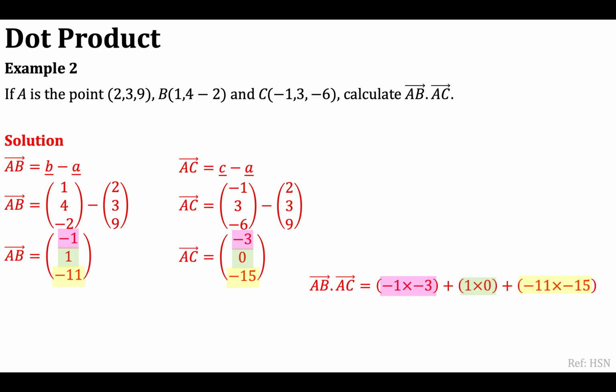So we've got negative 1 times negative 3, plus 1 times 0, plus negative 11 times negative 15. That gives us 3 plus 0 plus 165. So the dot product of AB dot AC is 168, which means we have a growth of 168 in the original direction of vector AB.